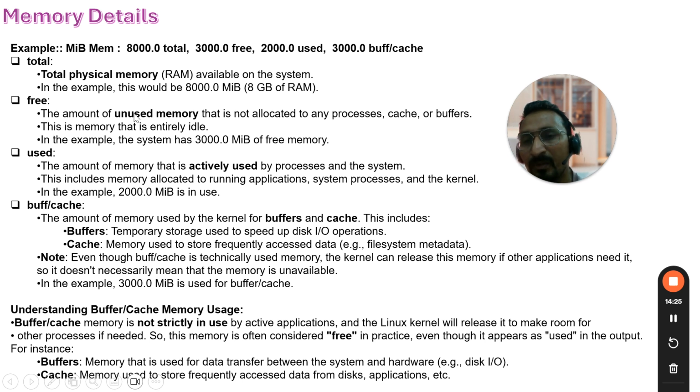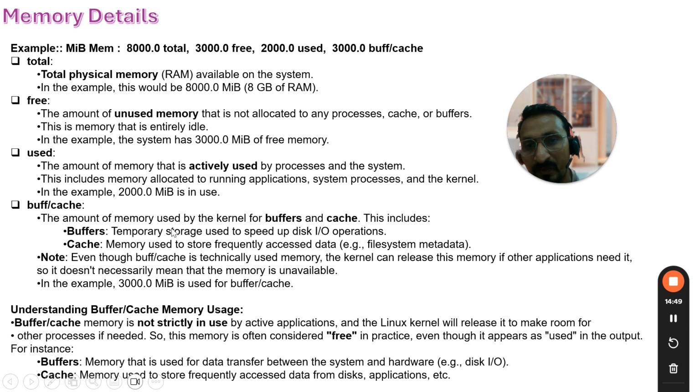Free means the space which is not used at all by any application, right? Free indicates that it has not been allocated to any process, cache or buffer, anything. That space is entirely idle, right? Used indicates the total amount of memory that is used by processes. So here it indicates 2 GB of space is being used.